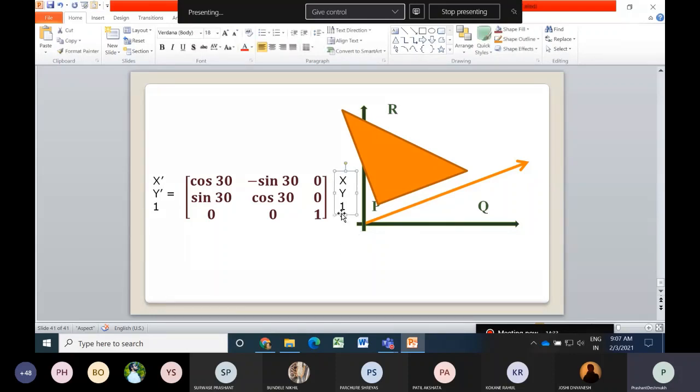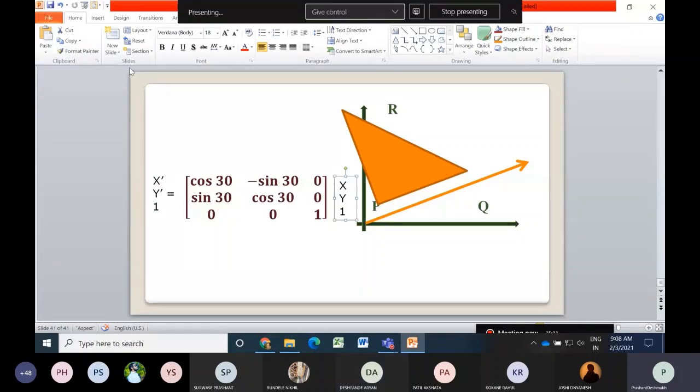These are your coordinates for P. Maybe x is equal to 1, y is equal to 1, 1. If it is Q, say x is equal to 5, y is equal to 1, 1. So simply calculate the cos theta value, sin theta, cos theta, and multiply. You will get the new coordinates. Sir, can we get the coordinates of P and Q so that we can solve a numerical?